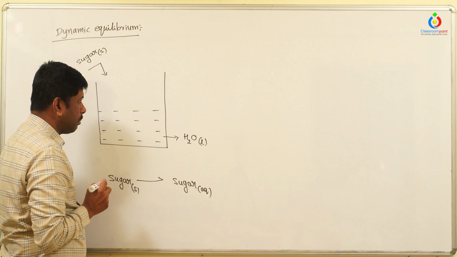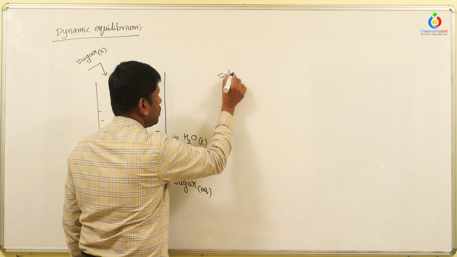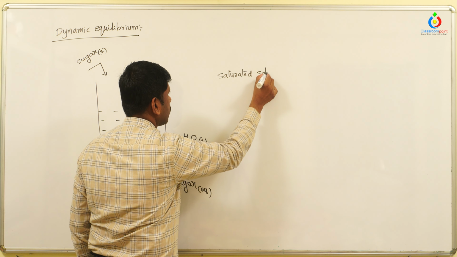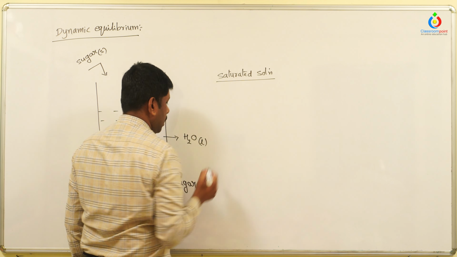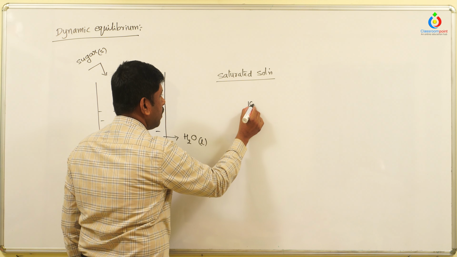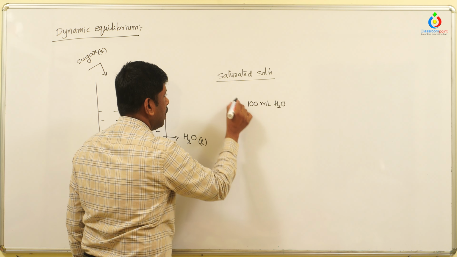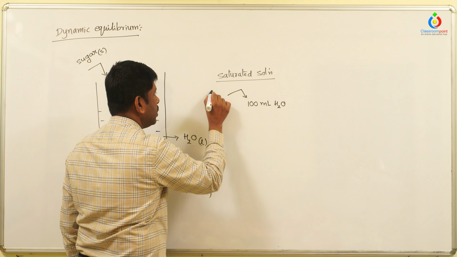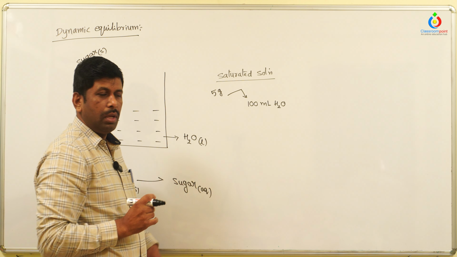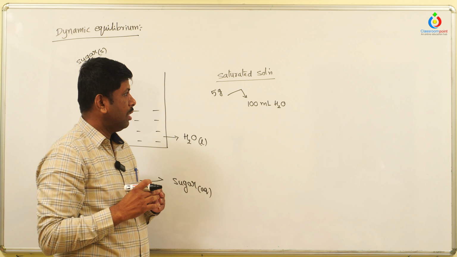Here we need to understand one more thing regarding saturated and unsaturated solutions. Saturated solution means, imagine in 100 ml of water, the maximum amount of sugar that can dissolve is 5 grams. That means that 100 ml of water can take only 5 grams of sugar.